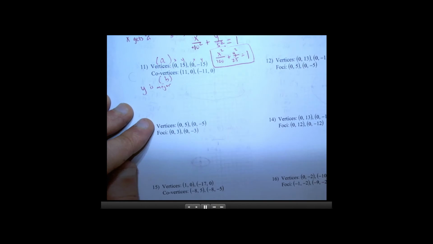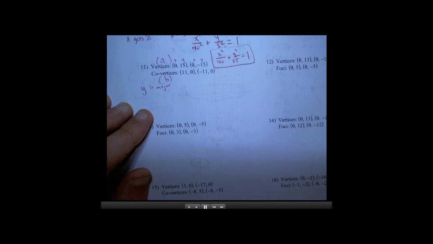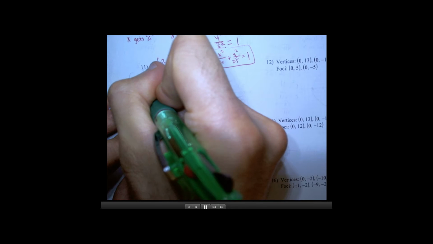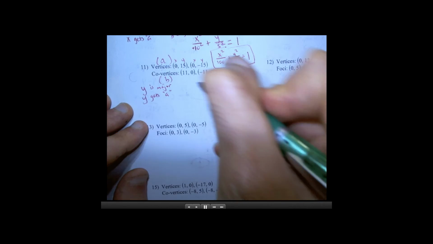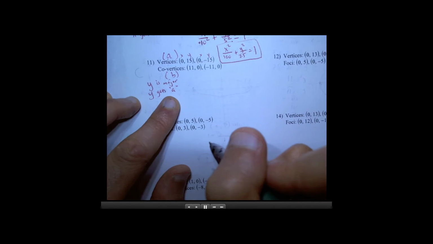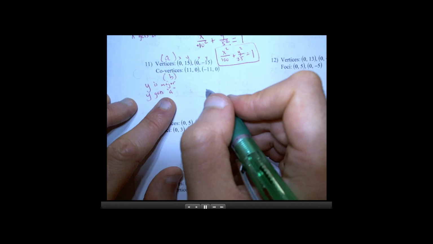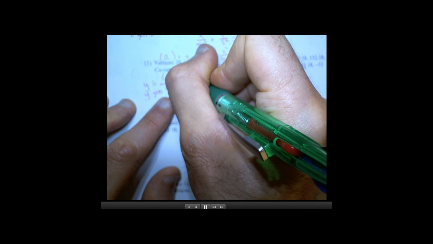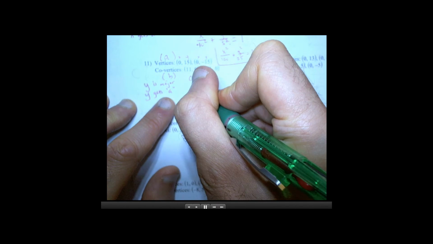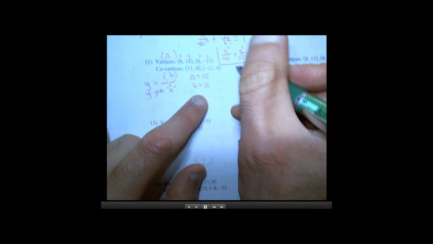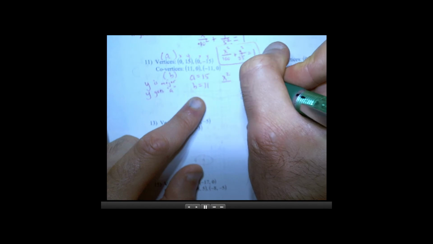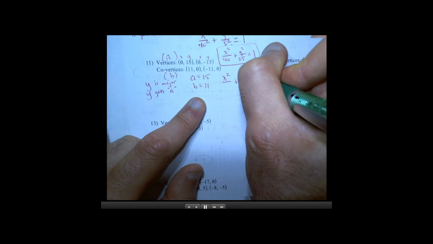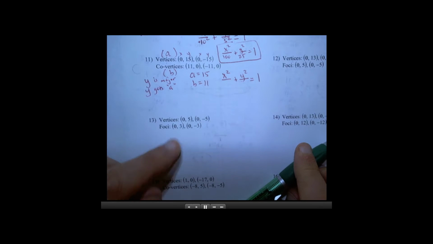Does anybody need me to explain that again? Because it's kind of weird. Okay. Y is my major axis, which means that Y gets the A. What is our A? Our A is just 15. What is our B? 11. We don't need C because it's not involved in the formula. So let's go ahead and write it: x squared over blank plus y squared over blank equals 1.